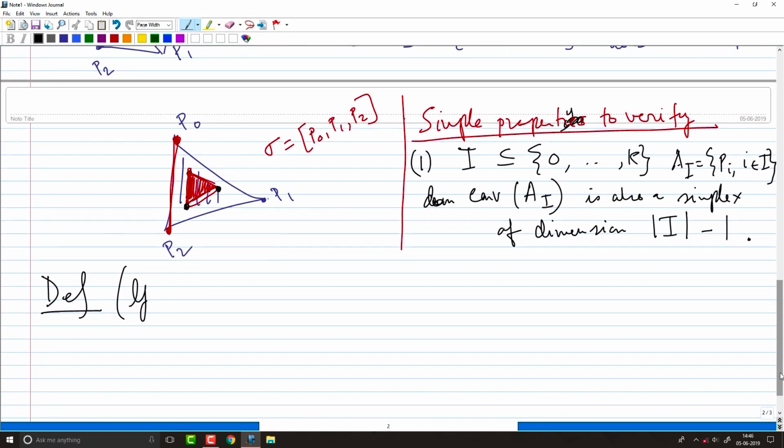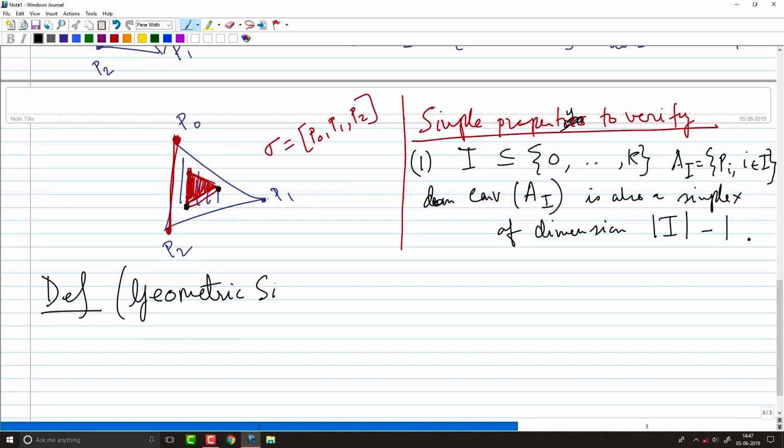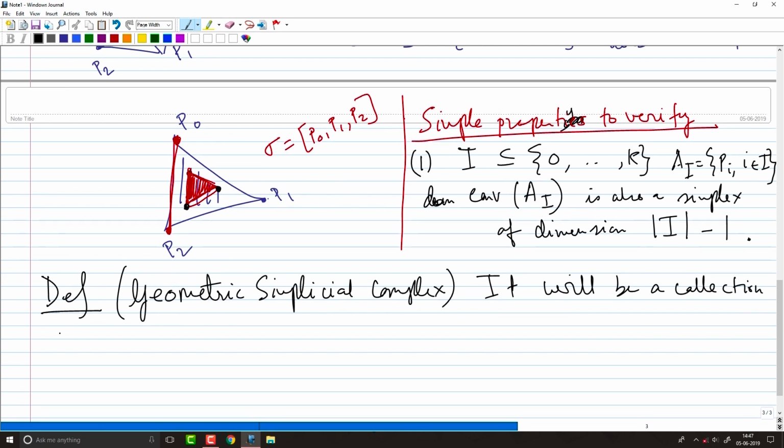So you can define what is called a geometric simplicial complex. It will be a collection of simplices in R^d such that the following two properties hold.